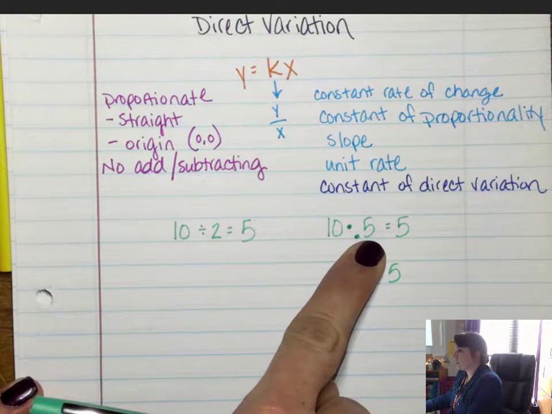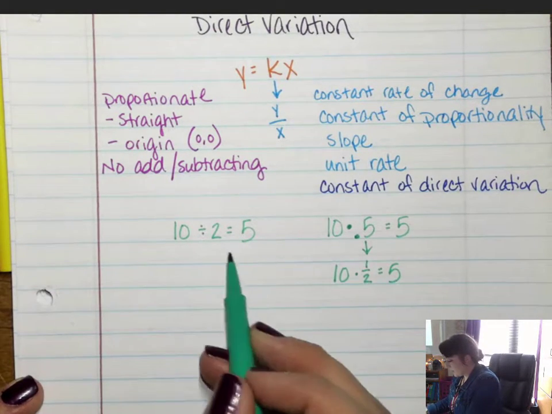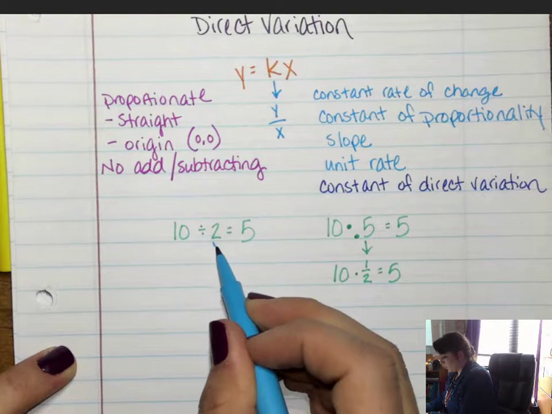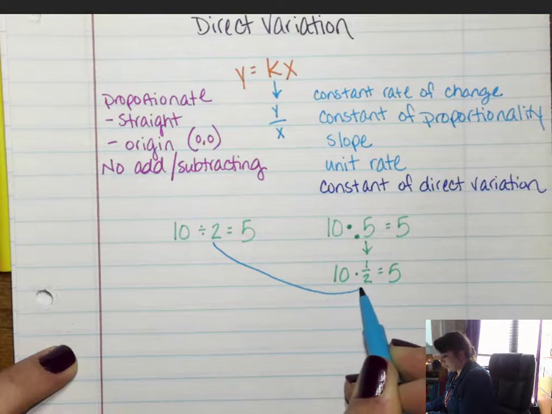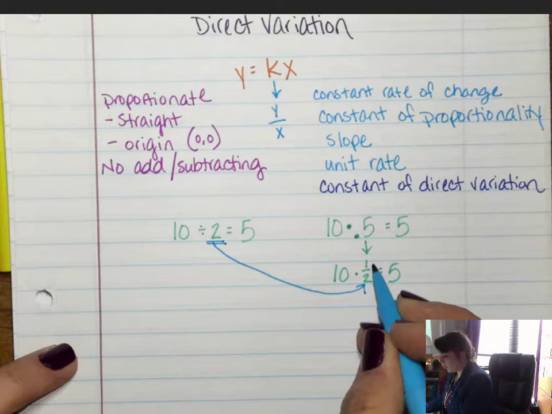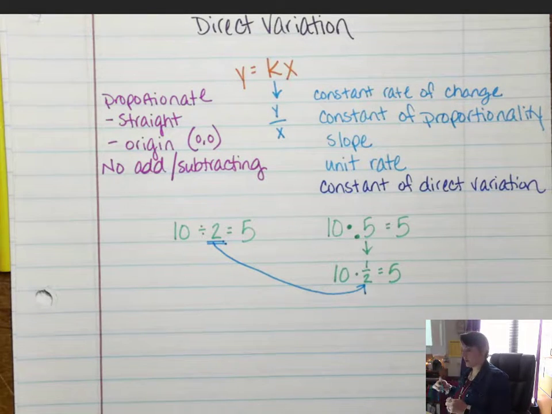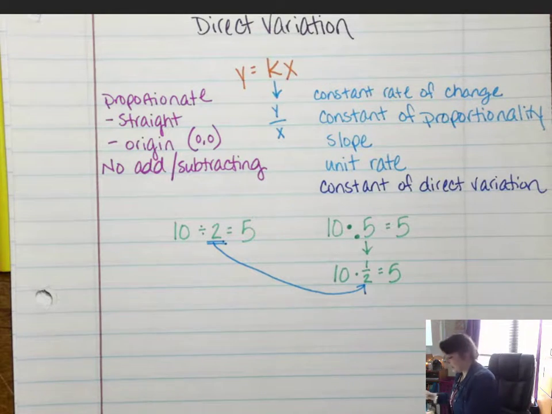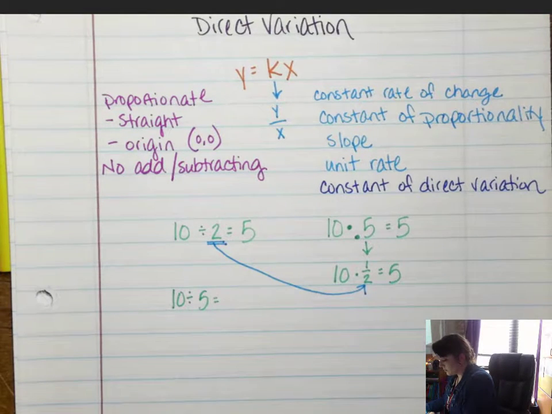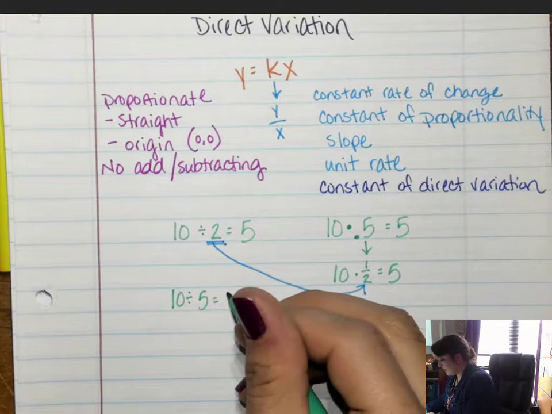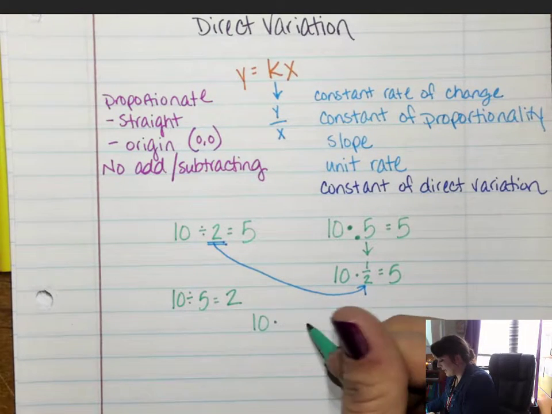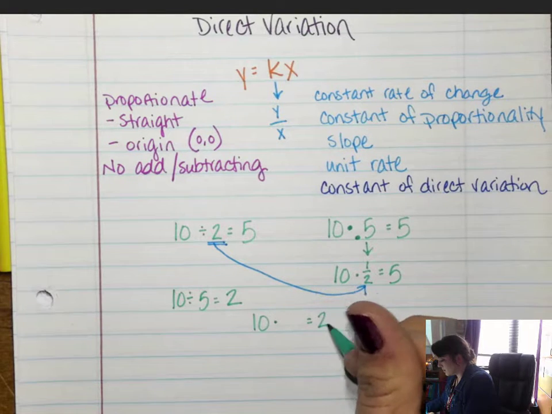Now let's see what we can do as a fraction. From 2 to 1/2, it's not a coincidence that we're dividing by 2 here, so we multiply by 1/2. So 10 divided by 5 is what? 2. So 10 times what is 2?